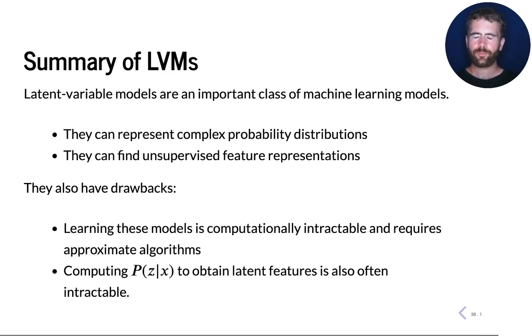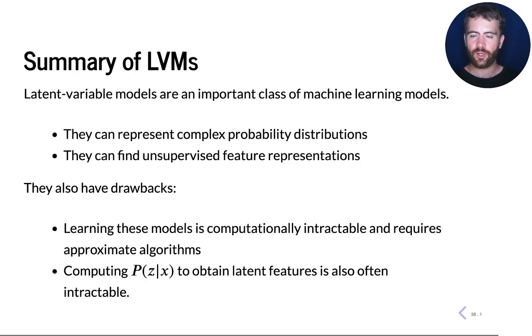So in summary, when we work with probabilistic models, we can often introduce latent variables inside of them. These latent variables make the probabilistic model more expressive, and they allow it to learn not just the density, the distribution over the data, but also interesting structure.